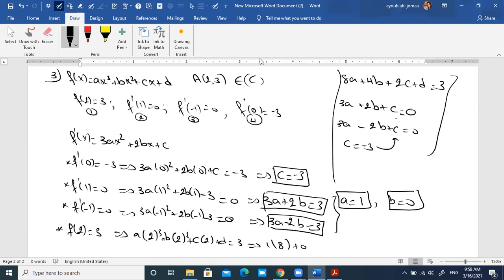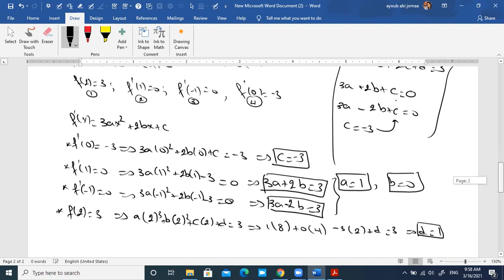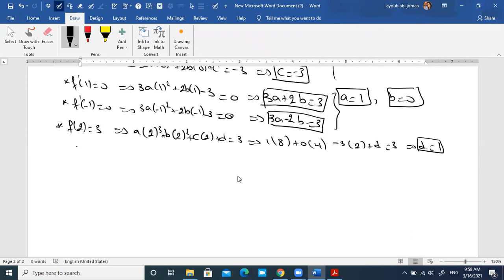B is 0, 0 times 4. C is negative 3, so minus 3 times 2. Plus d is equal to 3, and then d is equal to 1. Therefore, f of x is x power 3 minus 3x plus 1.